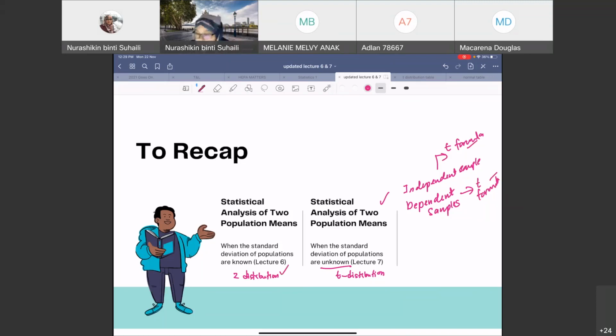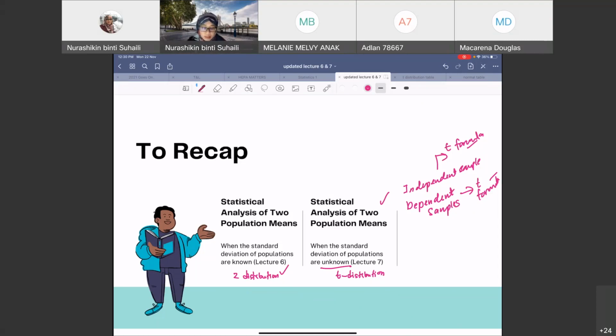There is a question just now. Can the null and alternative hypotheses be written in sentences? Yes. If you want to make it easier to understand, you can write them in sentences. Remember the ultimate aim is to compare the populations.